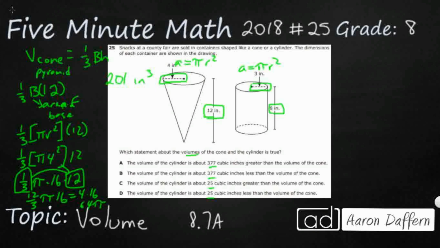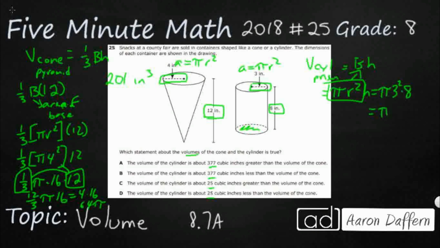All right, let's see what we have for our cylinder. The volume of a cylinder or a prism is the same thing: base times height. So let's do the same thing. My area of my circle is pi r squared times my height, because this right here is my base. I know what those things are: I know pi, my radius is 3 squared, and then my height is 8.